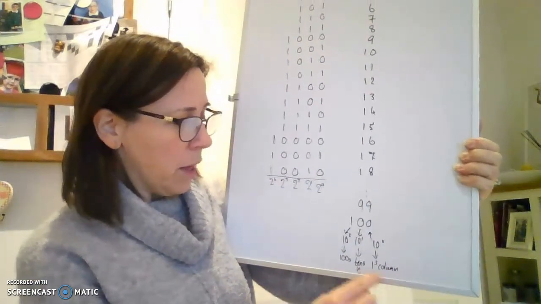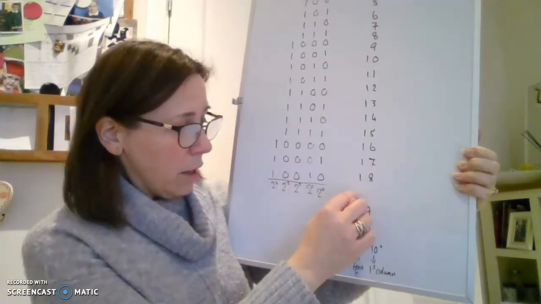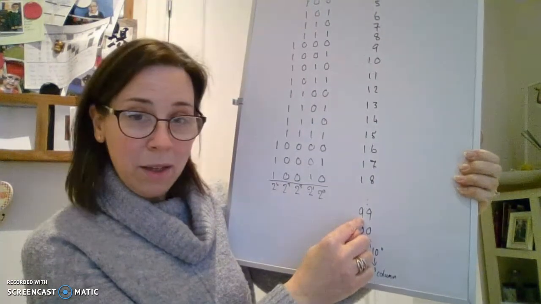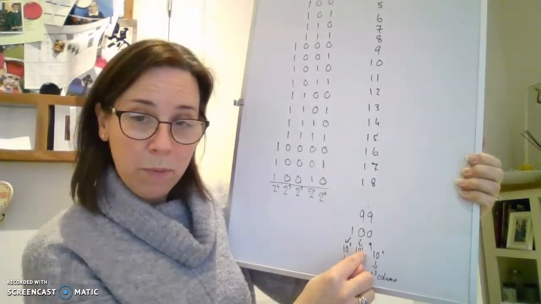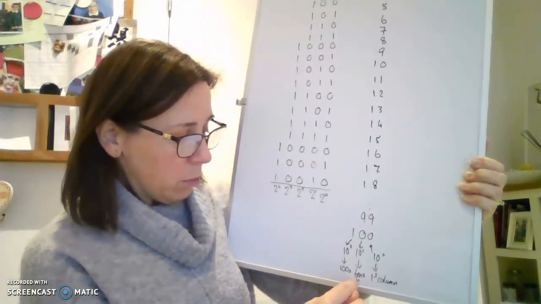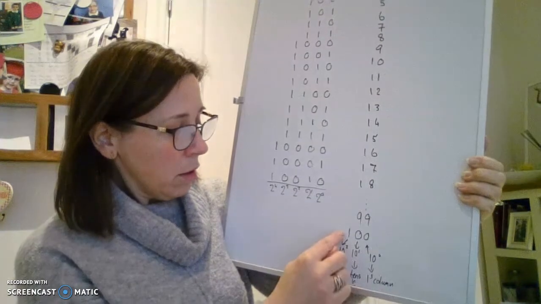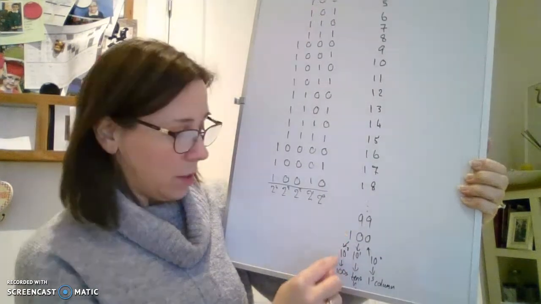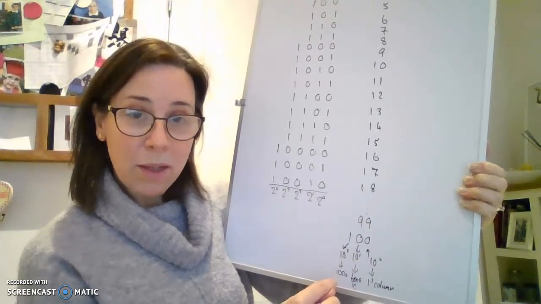This column, with the 1s starting from 10 and going all the way up to the 9 in the 10s column of 99, is our 10s column. That's 10 to the power of 1, which is just 10. And then this one here is our hundreds column, which is our 10 to the power of 2 column. 10 by 10, 10 to the power of 2, is 100.